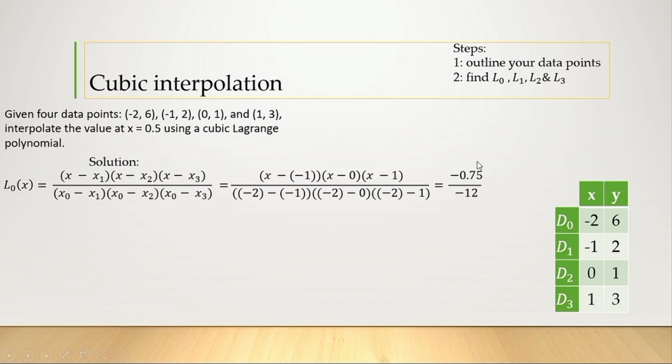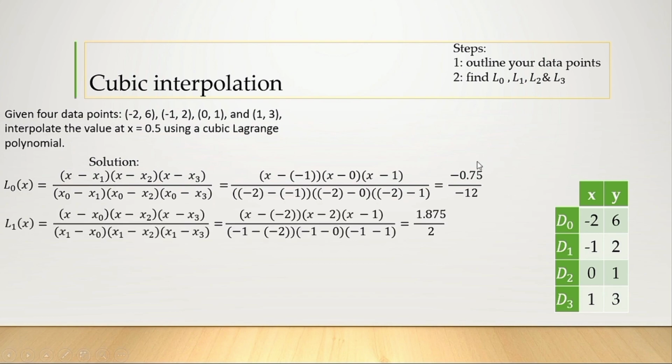Same thing with L1, where we notice that on top we have x0, x2, and x3, except x1, but on the bottom we have x1 minus x0, x1 minus x2, x1 minus x3, and so on and so forth. When you substitute your values, you're going to get 1.75 divided by 2.